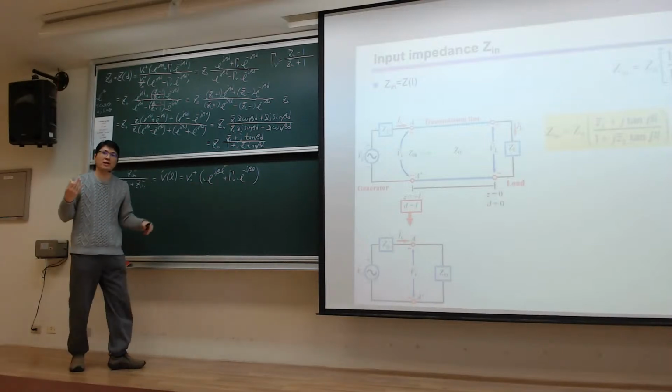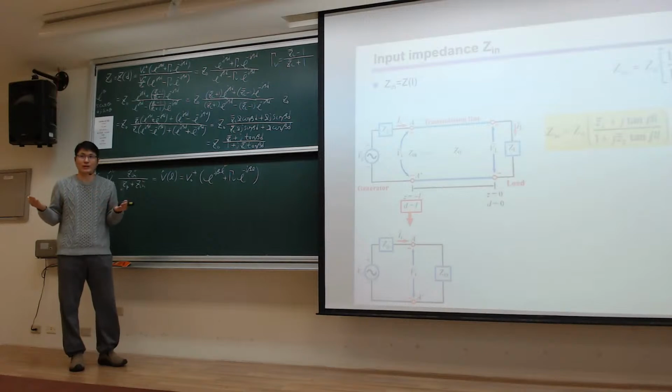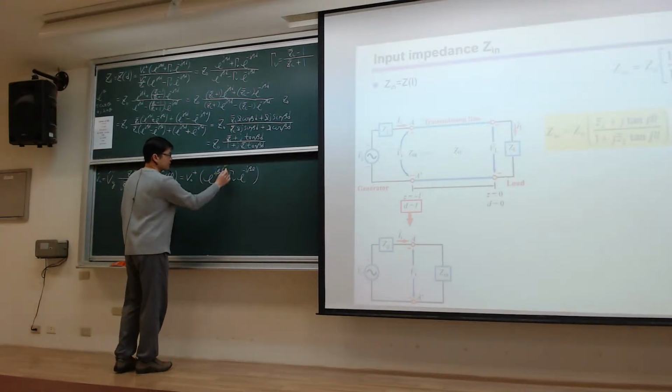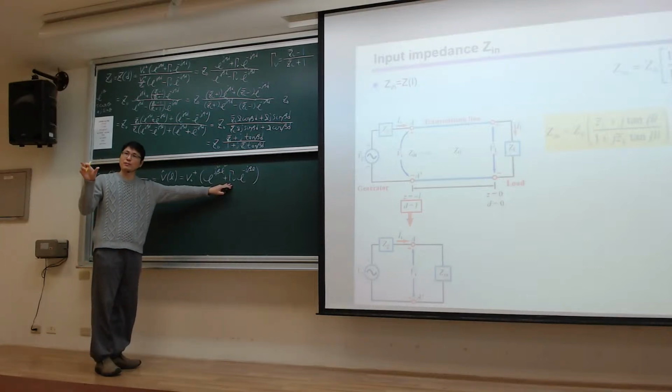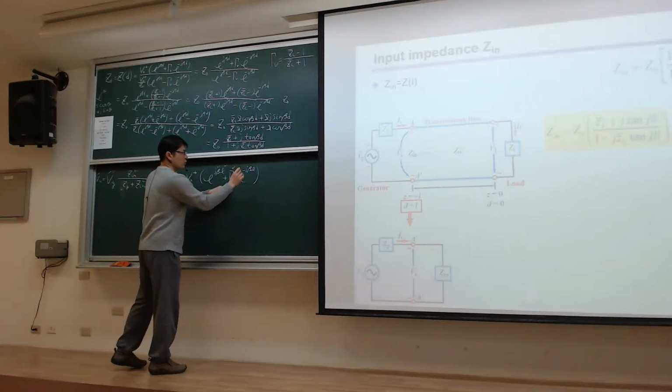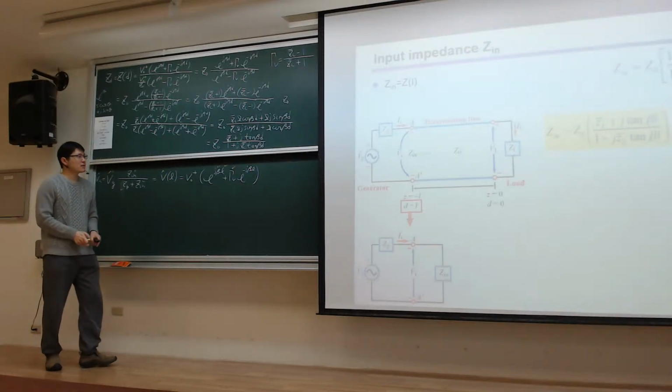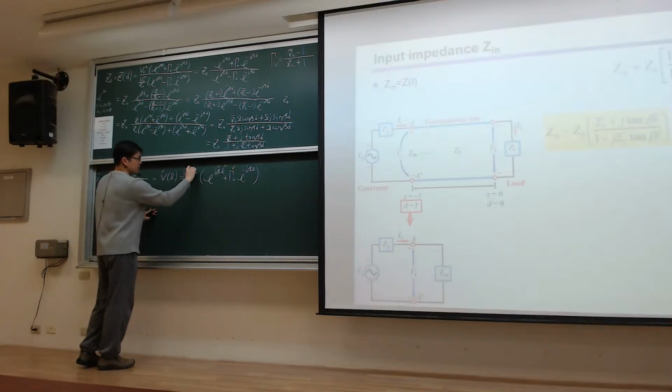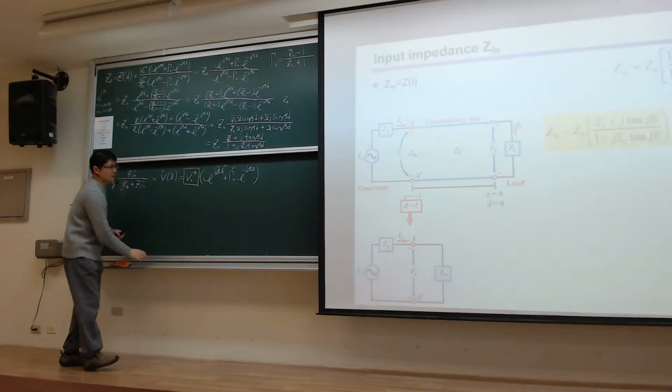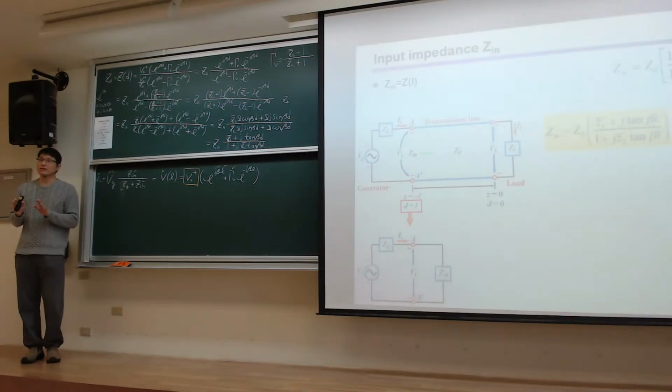Knowing my transmission line means I know beta, right? I know the effective wavelength. I know beta. And I know my load. Once I know my load impedance, I know my reflection coefficient. So the only unknown here can finally be solved.